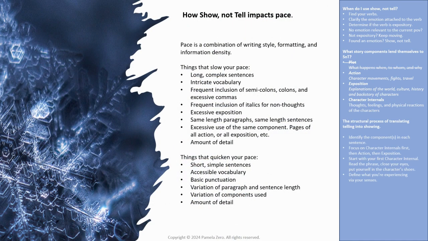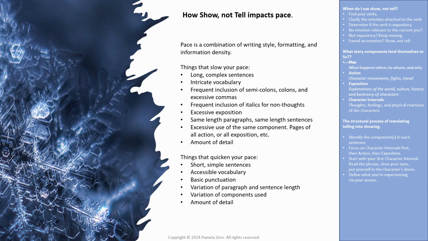Last part, how show, not tell impacts pace. Pace is a combination of writing style, formatting, and information density. Things that slow your pace: long, complex sentences, intricate vocabulary. Now, these two usually go hand in hand with people. They want to write in a certain style, and in writing in that style, they feel really comfortable.